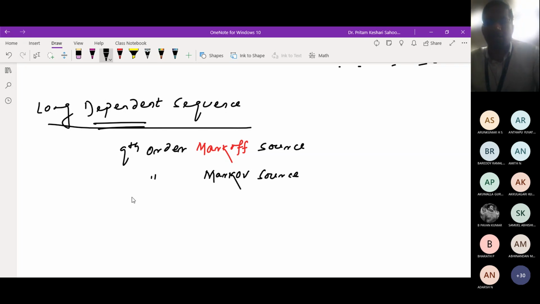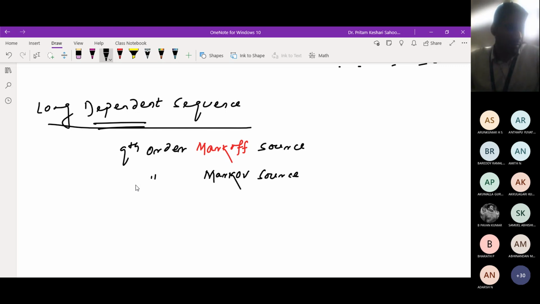So how we can define a Markov source: if any symbol in a particular source is dependent on the previous symbols, that kind of source is called Markov source. So all Markov sources are dependent sequences. Okay, so if any symbol in a source is dependent on the q number of previous symbols, that kind of source is called qth order Markov source.